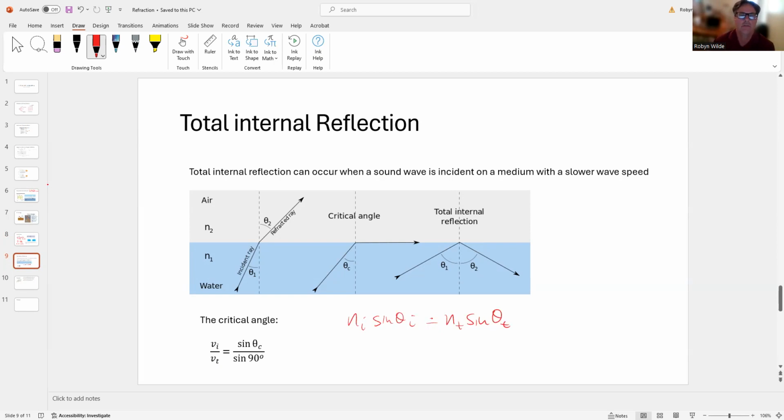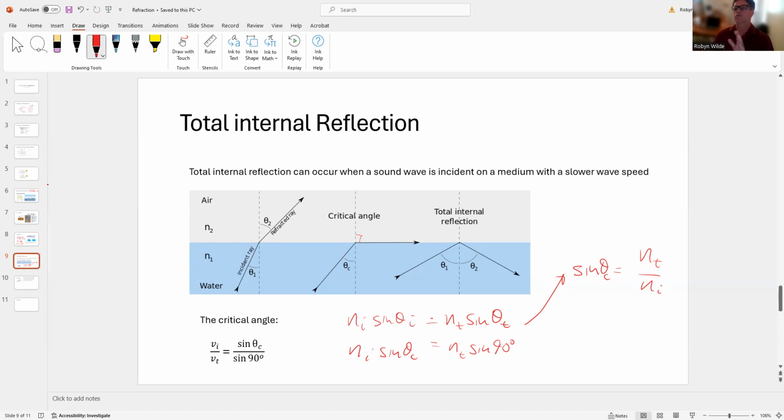As this angle gets bigger, this refracted ray bends more and more until it reaches 90 degrees. So my transmitted angle becomes 90 at what I call theta c, or the critical angle. Sine of 90 is 1, so the sine of the critical angle is just Nt over Ni.